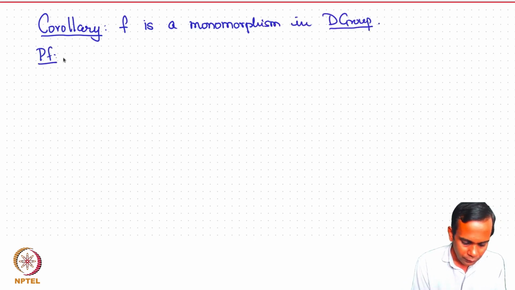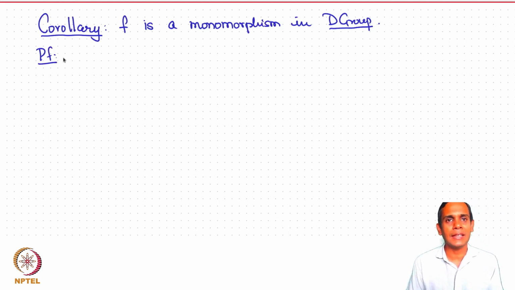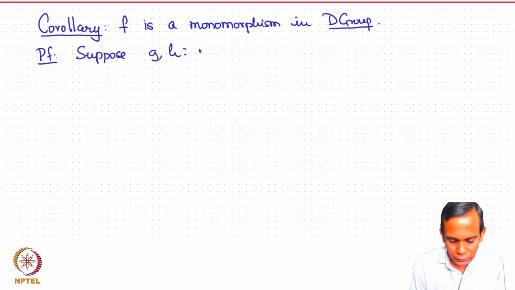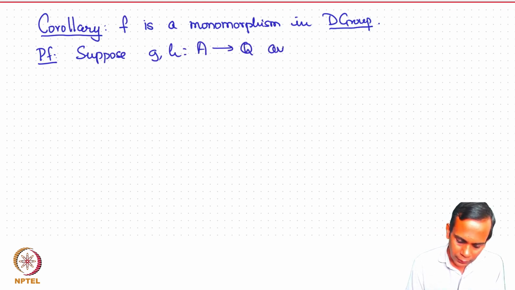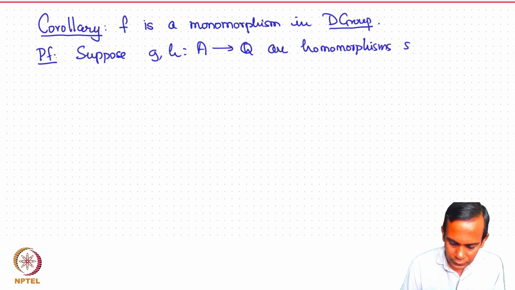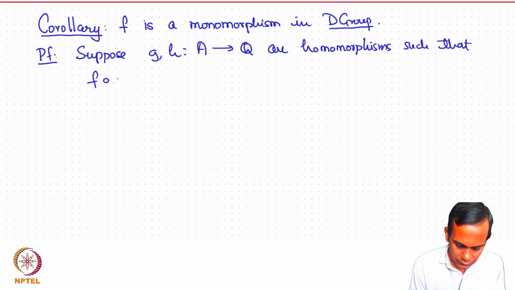And the proof, well, so what we need to show is that if f circle G is f circle H, then G is equal to H. So suppose G and H from some divisible group A to Q are group homomorphisms such that f circle G is equal to f circle H.